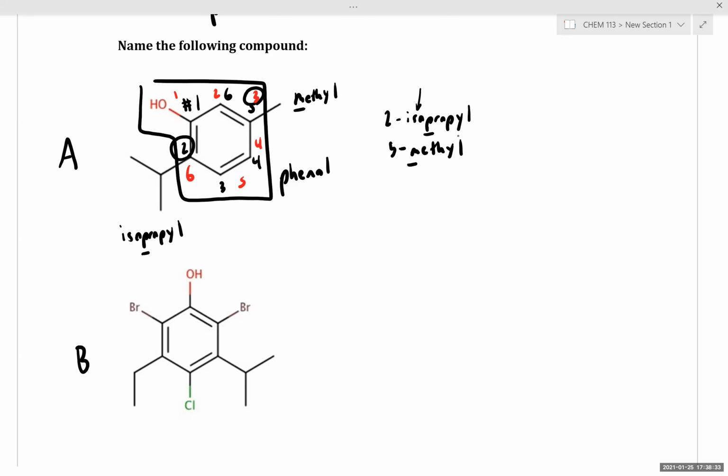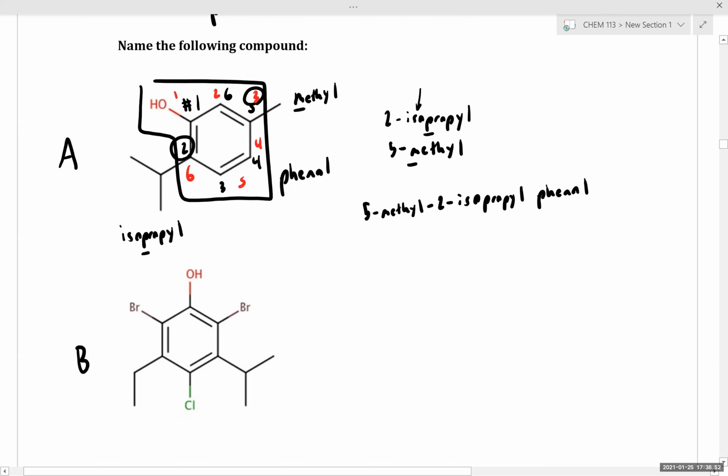The methyl, yep. So the methyl is first alphabetically because iso isn't counted in terms of alphabetical order. So this would be called 5-methyl-2-isopropylphenol. Just remember that your stem, the substituent associated with the stem, gets the lowest locant number.